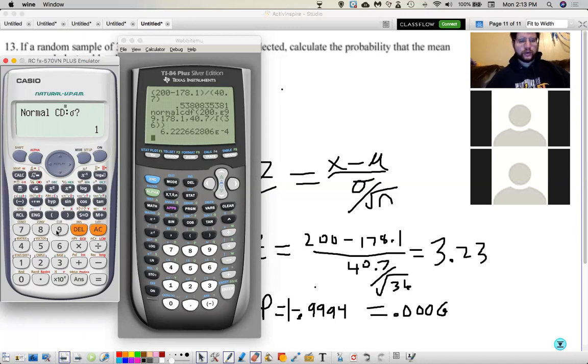Sigma, that's 40.7 divided by the square root of 36. And then mean was 178.1. And we get the same exact thing we got here. Well, actually slightly different. They store different numbers of decimals. But rounding to 4 decimal places, we get the same exact thing. 0.0006.